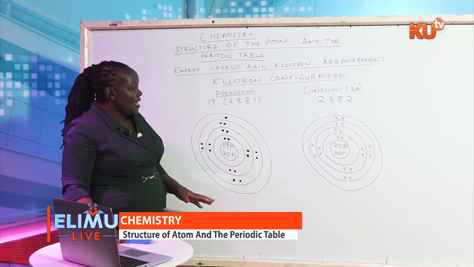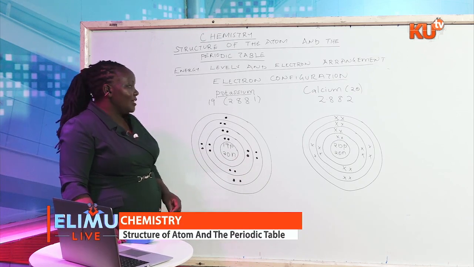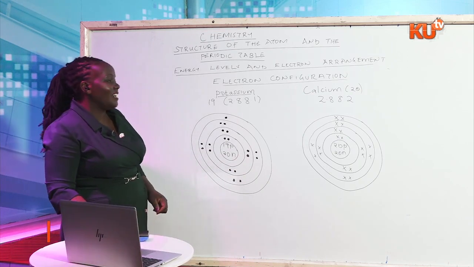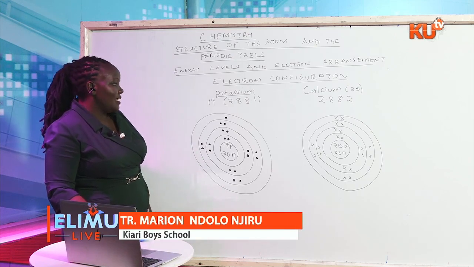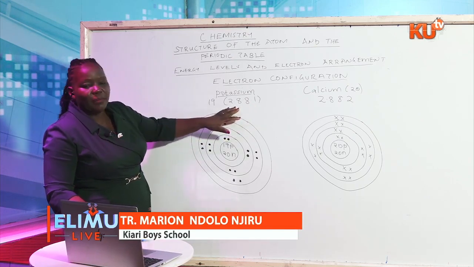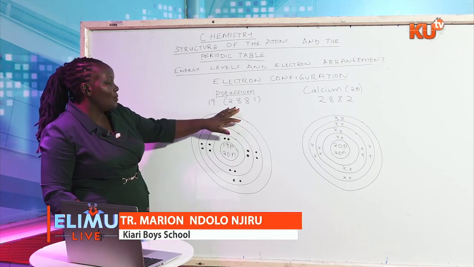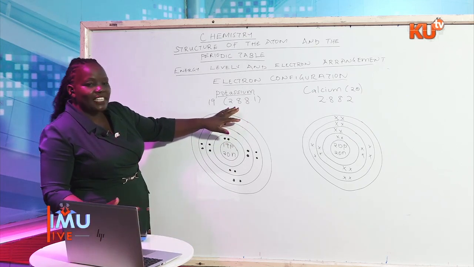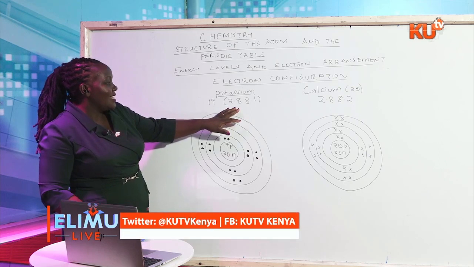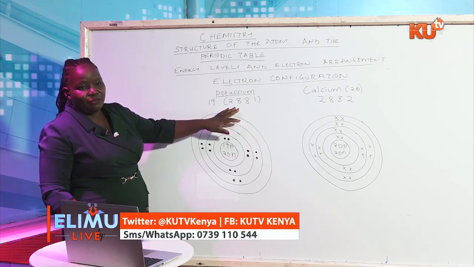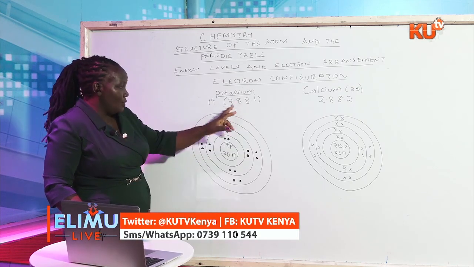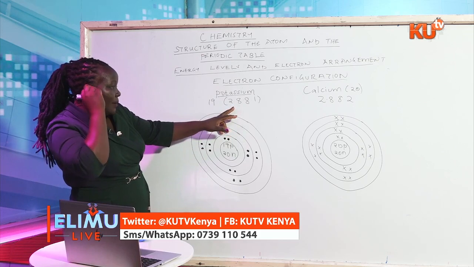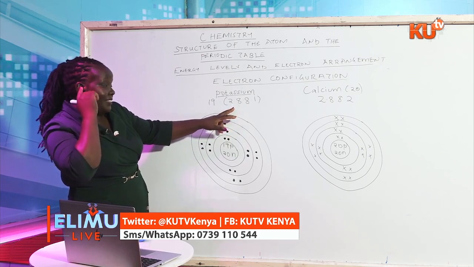Now, looking at what we have looked at, we have seen different electron arrangements of different atoms. From the electron arrangement of a given atom, it is very easy for us to tell the number of energy levels that a given atom has.